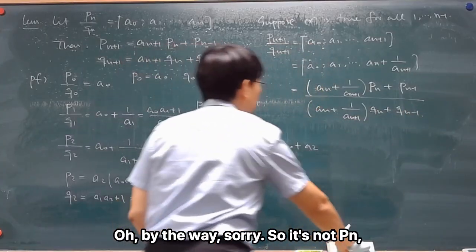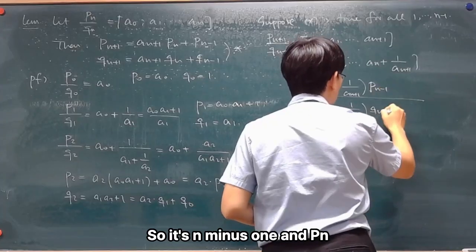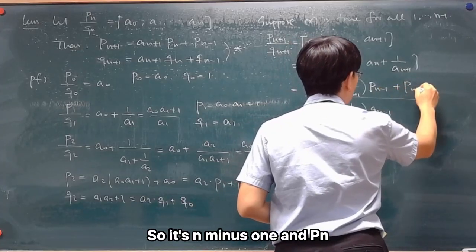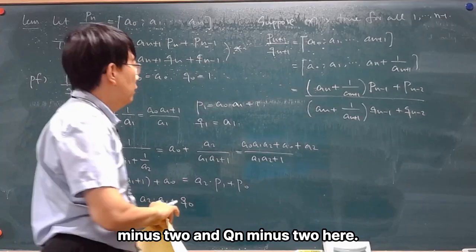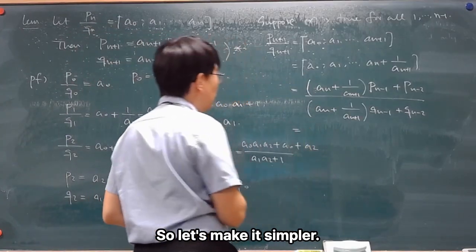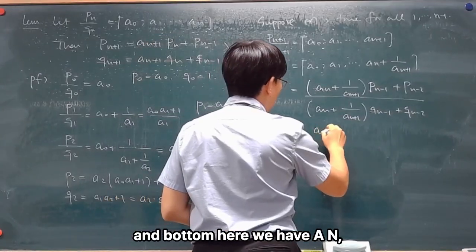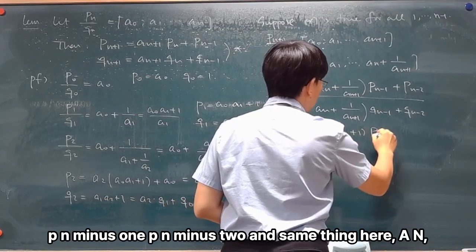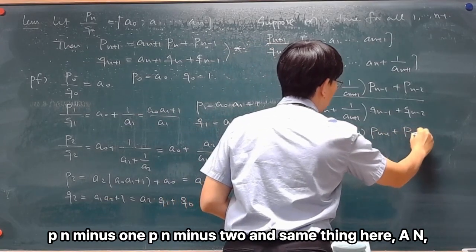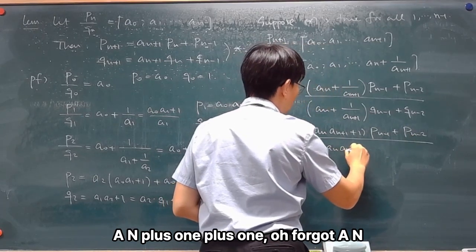Oh, by the way, sorry. So it's not Pn. So it's one step behind. So it's n minus 1 and Pn minus 2 and Qn minus 2 here. So let's make it simpler by multiplying an plus 1 on top and bottom here. We have an plus 1 plus 1, Pn minus 1, Pn minus 2, and same thing here, an plus 1 plus 1.